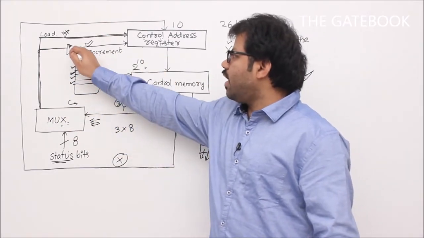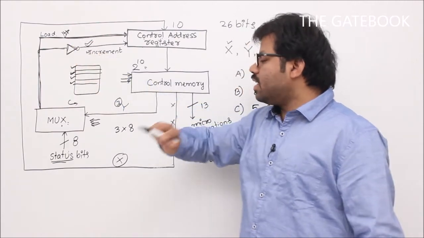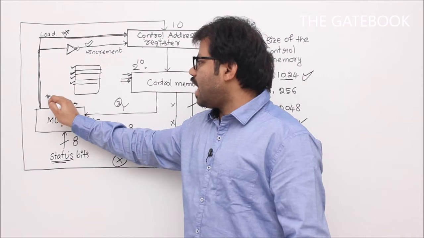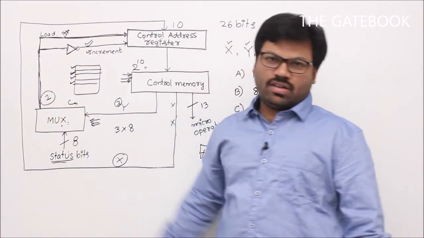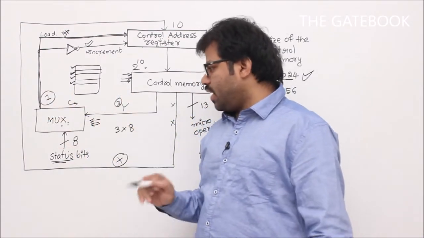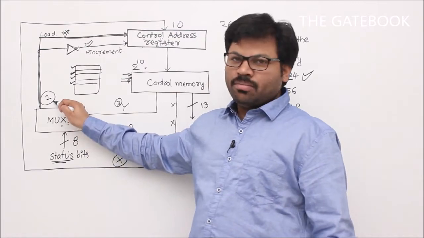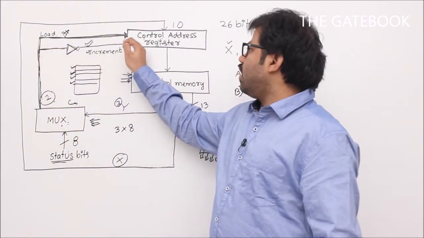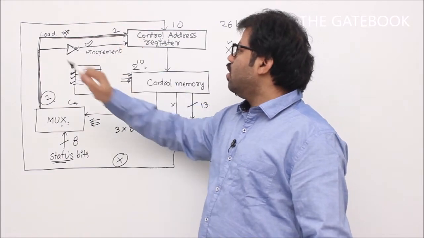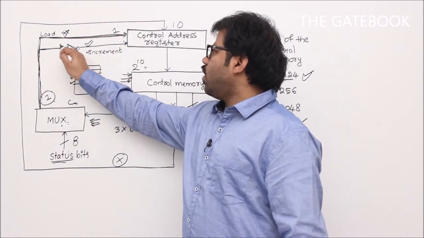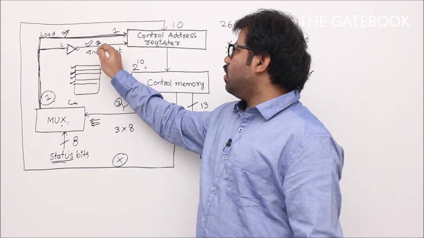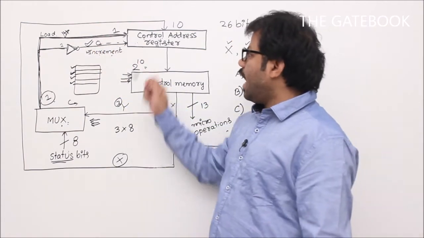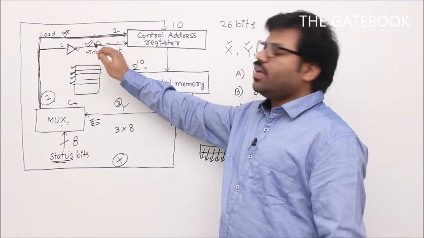You see, especially why this complementation, I will tell you. Example, let's say one of the status bits, when it is selected, has voltage value 1. That is just a possibility. Say one of the select bits is 1. If it goes like this, then that will enable load. If this one goes like this, 1 will become what after complementation? 0. Then this will disable the increment line. So finally either loading is happening, otherwise incrementation.